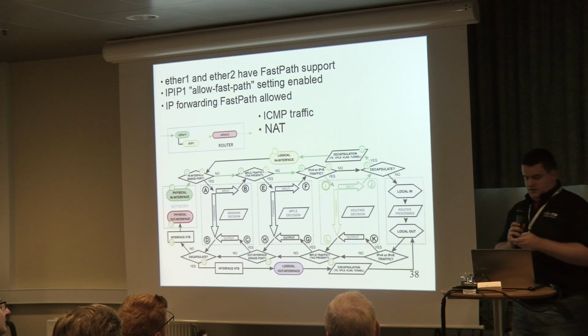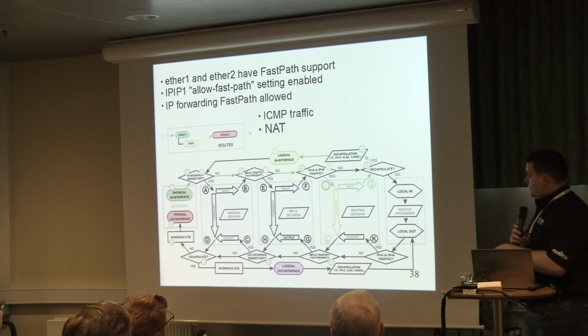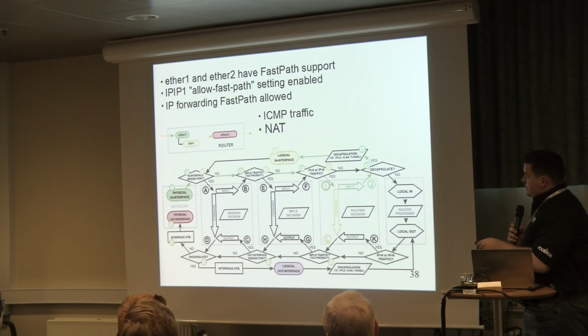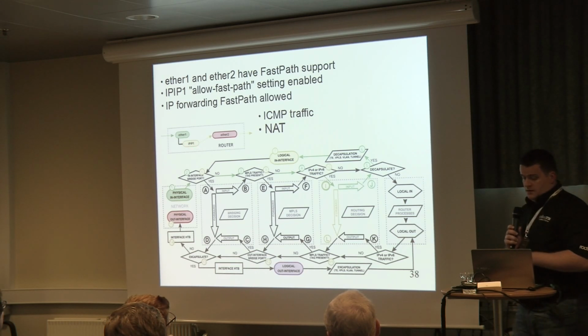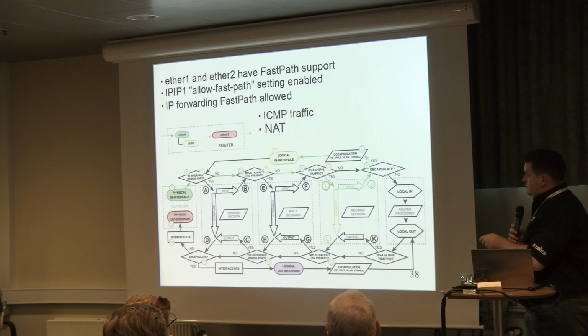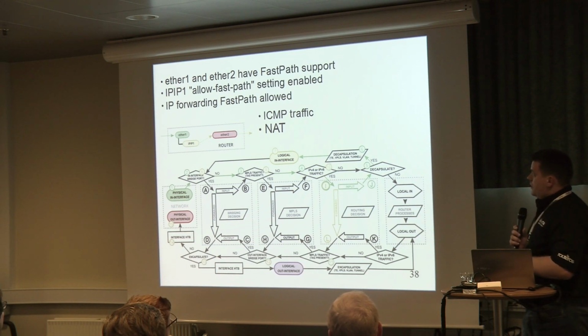So, the setup in here. We have an IP-IP1 tunnel that's built on Ethernet 1. So traffic travels through Ethernet 1 encapsulated in the IP-IP tunnel and goes out through Ethernet 2.